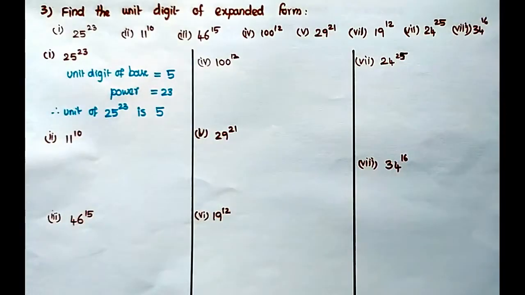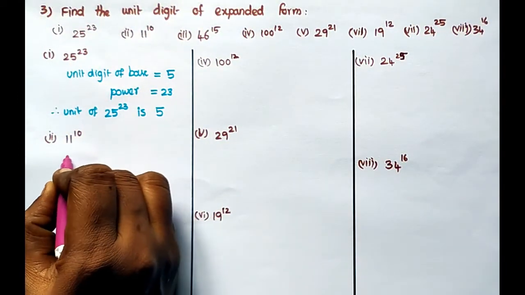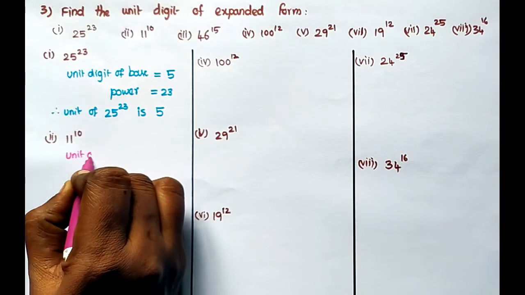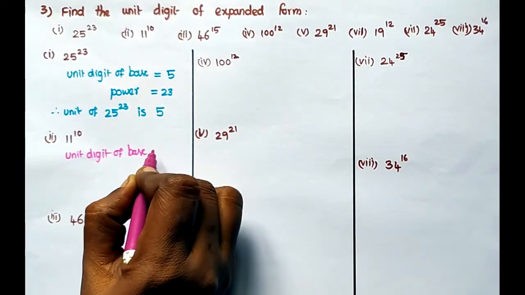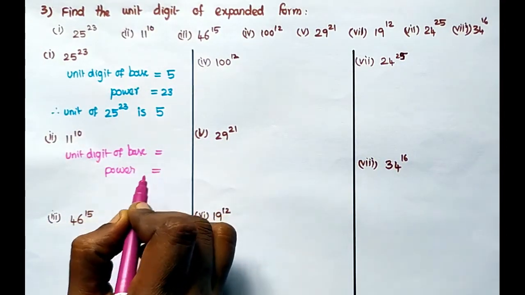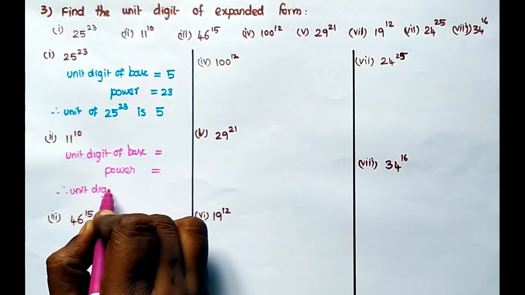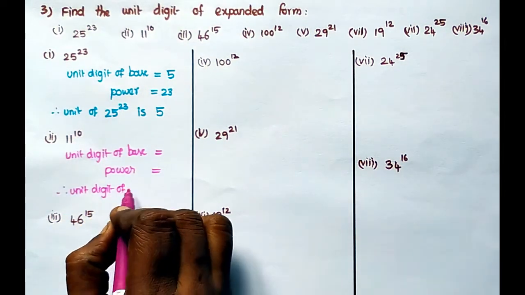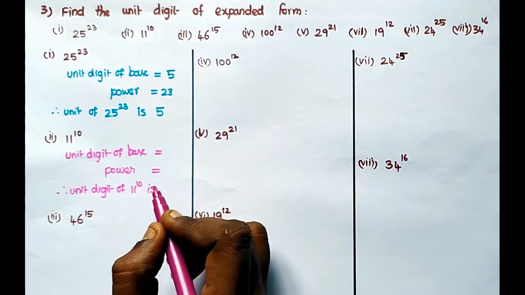Next one, 11 power 10. Listen, unit digit of 11 power 10 is dash.